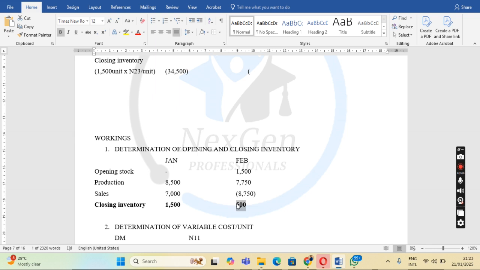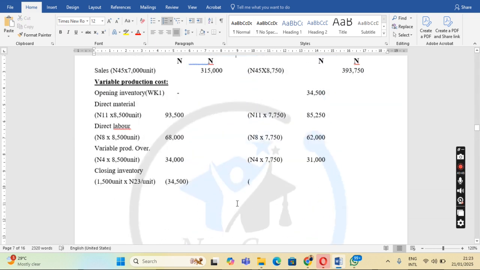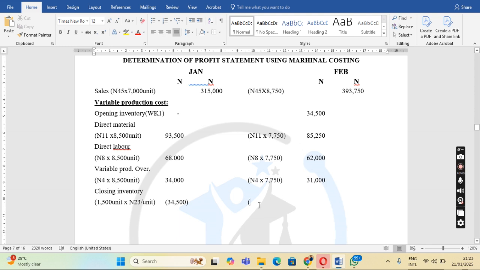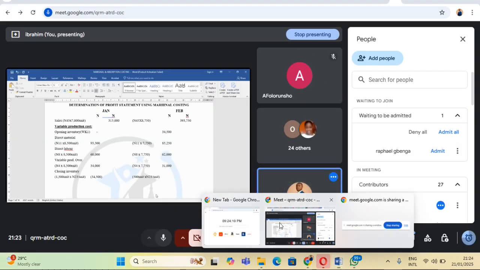Now, you can have 500 units times the total variable cost per unit, which is 23 naira per unit, right? You can see how marginal costing is very simple, right? So what do we have when we multiply?